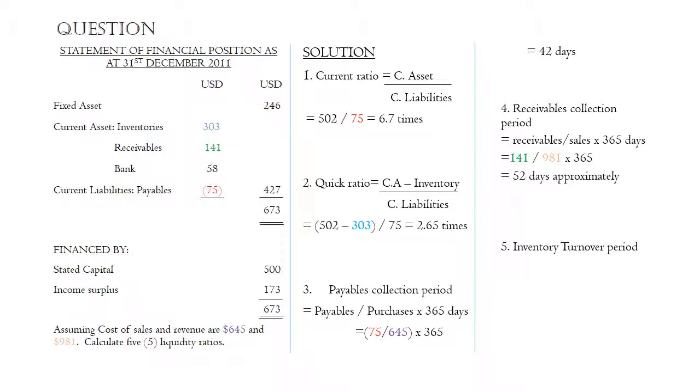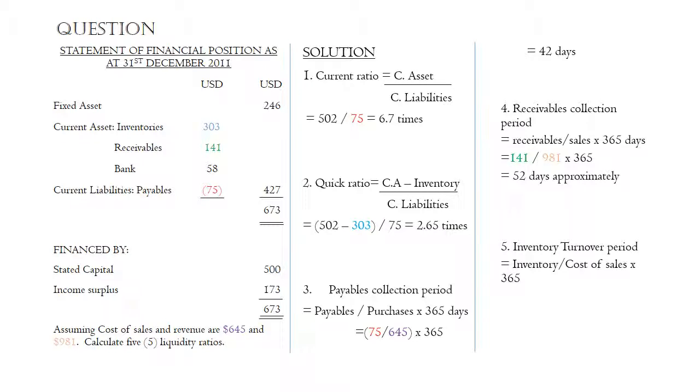Okay, so let's move on to the fifth one, which is the inventory turnover period. Remember from our former lecture, we said it has to do with the number of days that our stock, like our inventory of goods, remains in stock. By the formula, it is inventory over the cost of sales multiplied by 365.